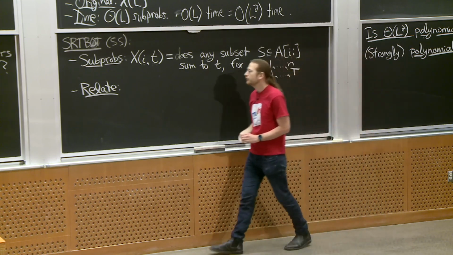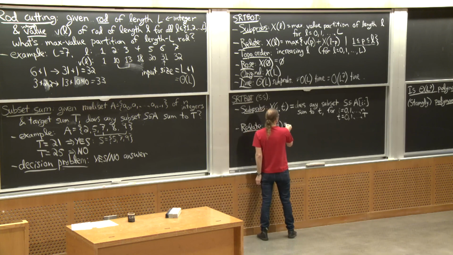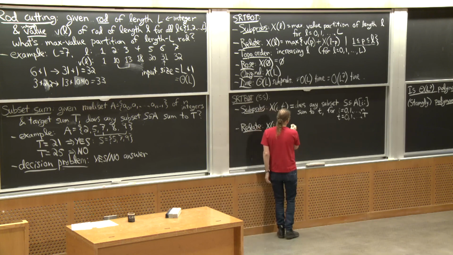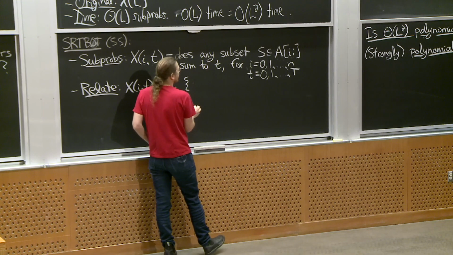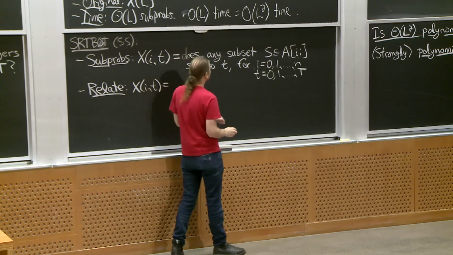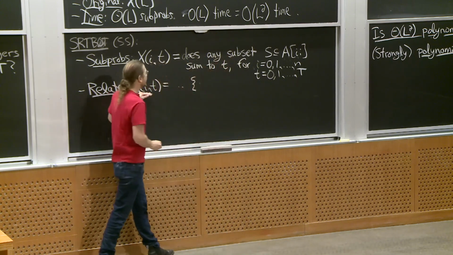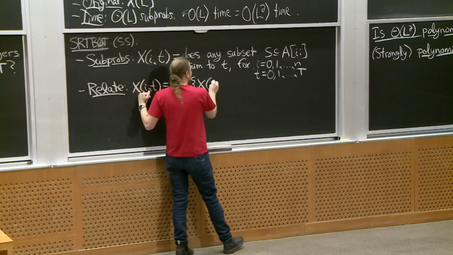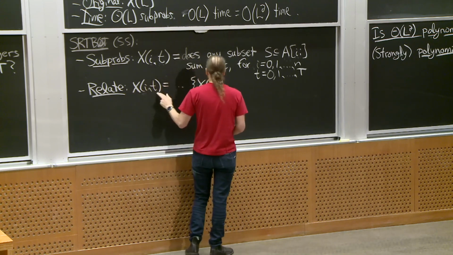So there's two choices, so x of i, t is going to involve two things. So there's an operator here, and then I have a set of two items. I could choose to not put A of i in my subset. In that case, I've eliminated A of i, and what remains is A of i plus 1 onwards, and I didn't change my target sum.